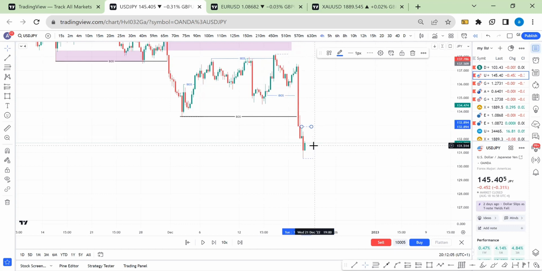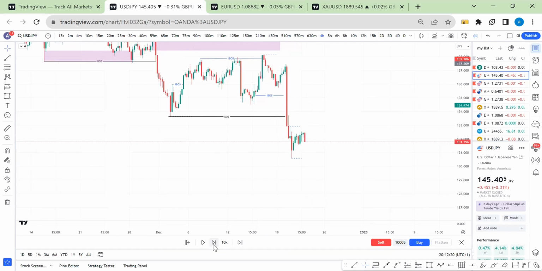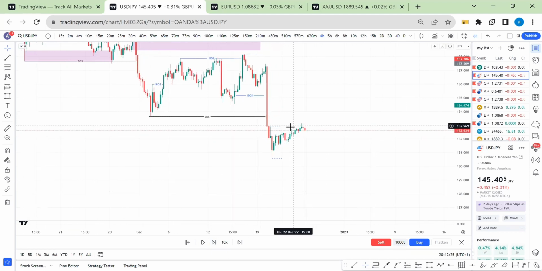So we wait for price to either break up. We have a change of fractal, change of character, switch, that's a change of character, or break below. We have a continuation. So let's wait to see what price is going to do. Okay, we have a fractal switch here.